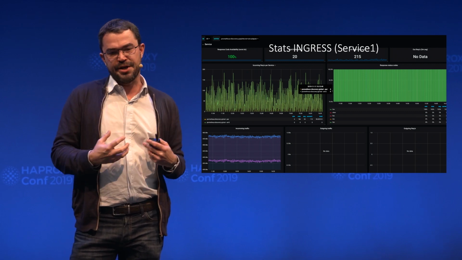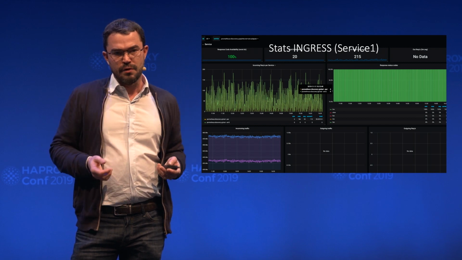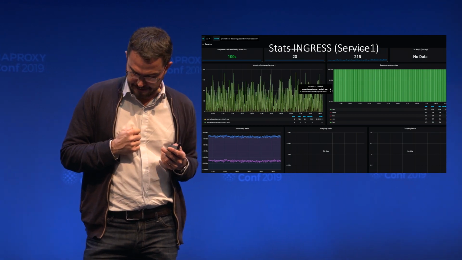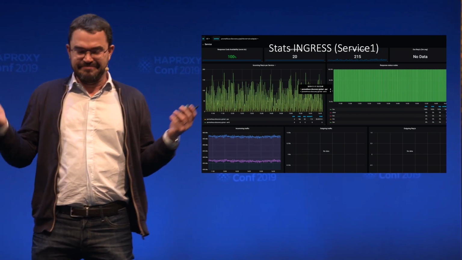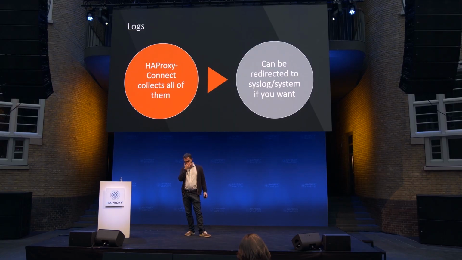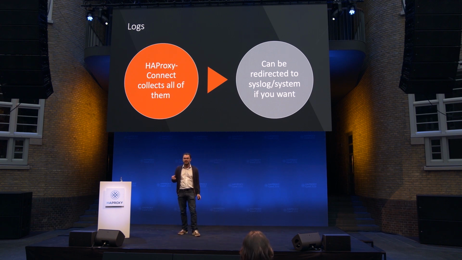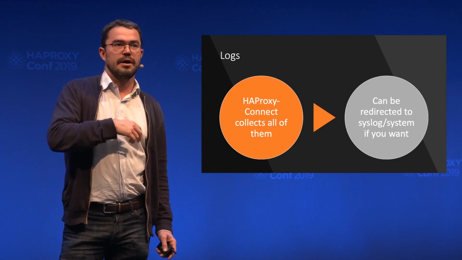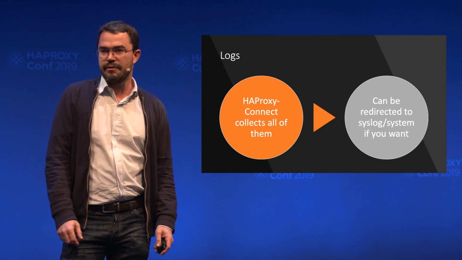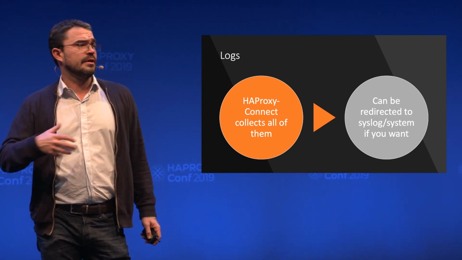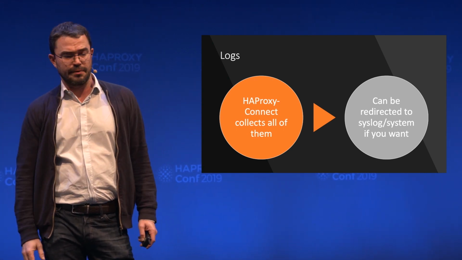But here you already have some kind of meaningful metrics. On the log side, we also capture the output of HAProxy and redirect it, so you can redirect it to syslog or systemd or whatever your favorite log system. We are doing this and sending it then to Kibana in our case.